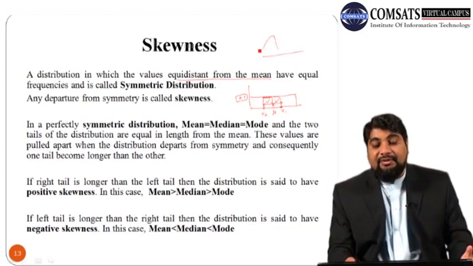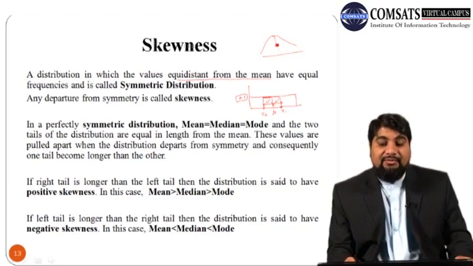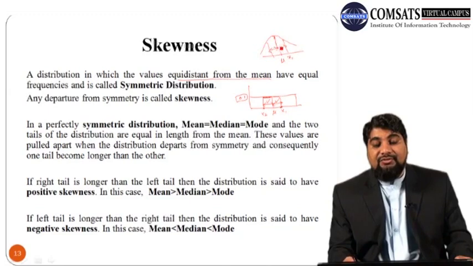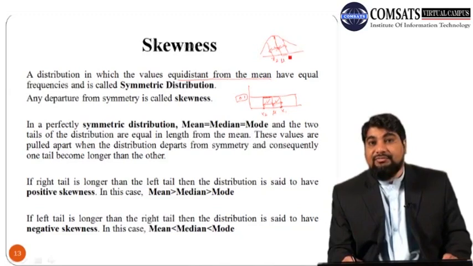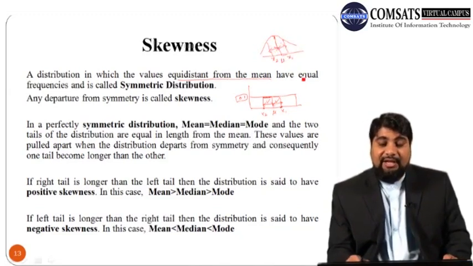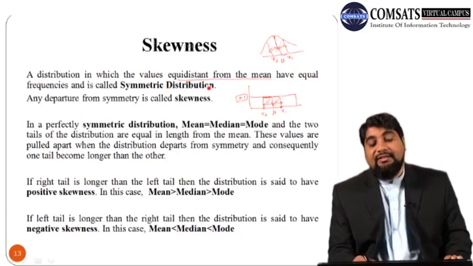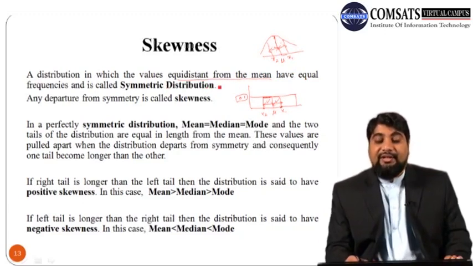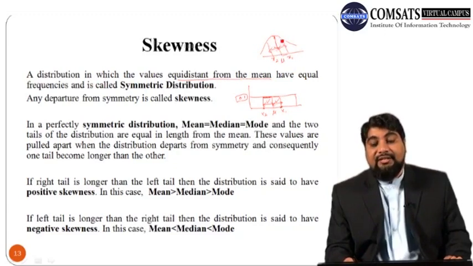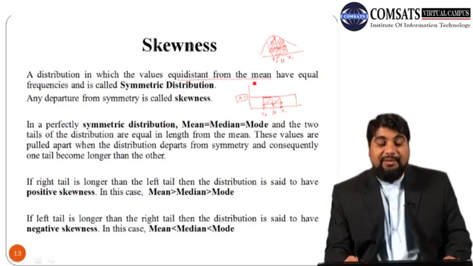Similarly, if we have this bell-shaped curve, here we have the mean. Suppose we have one point x1 here, and here we have another point x2. If these observations x1 and x2 are equidistant from the mean and have equal frequency, then this distribution is called symmetric. We can see from this diagram that this area, or this frequency, is the same as the second one.